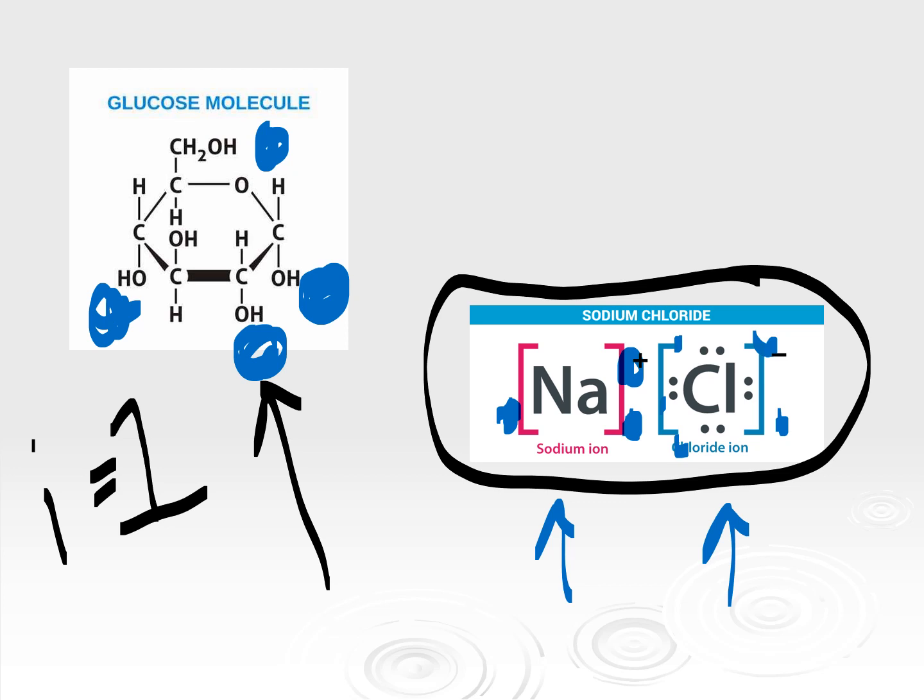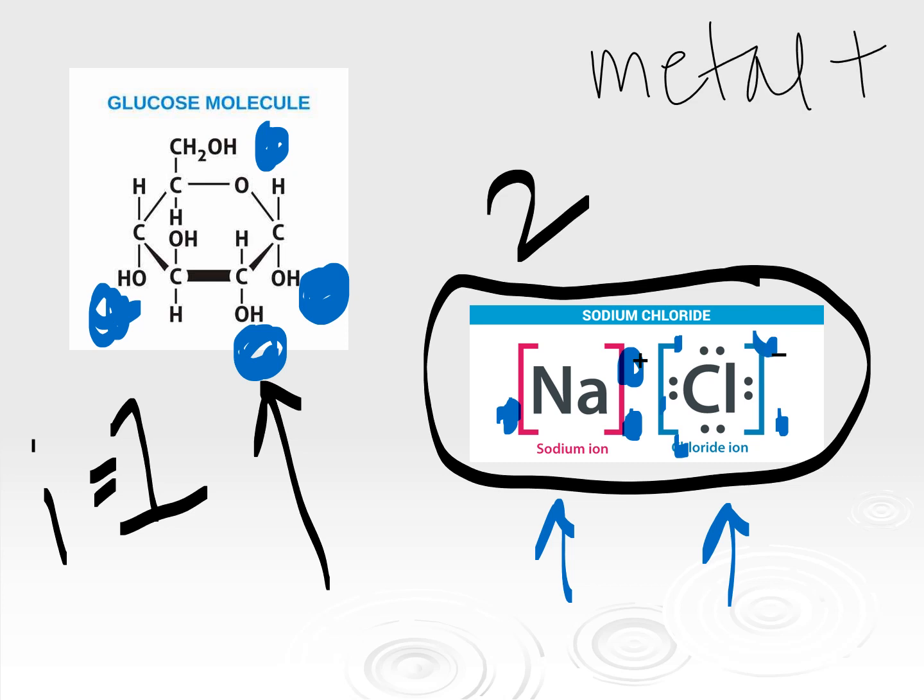That means that any ionic compound will break up into 2 or more pieces when I dissolve it into water. Really, all you have to do is identify something as an ionic compound or not an ionic compound. And how do you know if something is an ionic compound? Well, hopefully you remember that an ionic compound is a metal plus a non-metal.